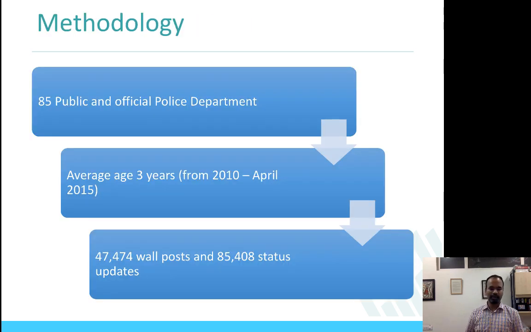Status updates are the ones I do on the Facebook page in my account. Wall posts are the ones that show up on my wall from others who post on the page. So status updates come from me, wall posts from the people interacting with me on the page.